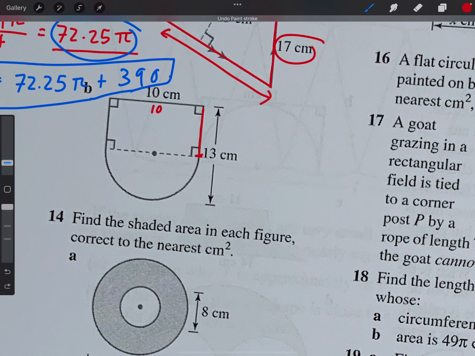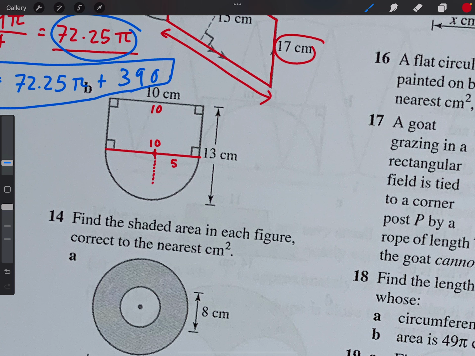Now let me see. We know that this is also 10. This is also the diameter of the semicircle at the bottom, which means the radius must be 5. So the radius is 5, so this must also be 5.